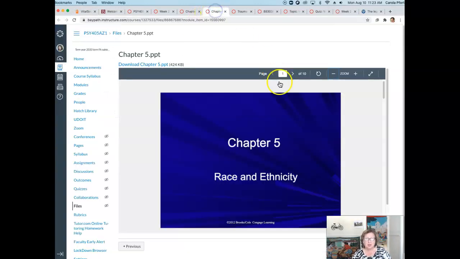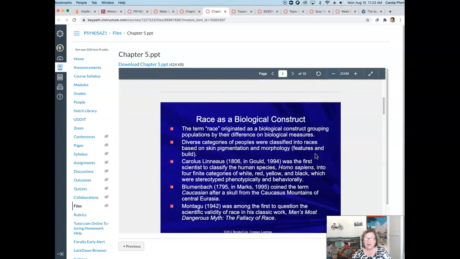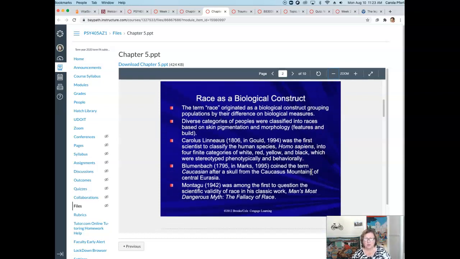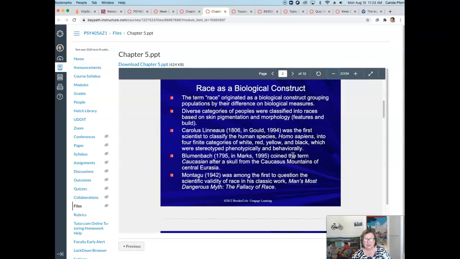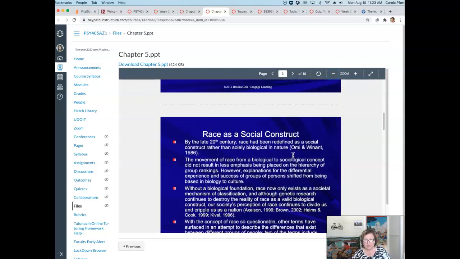So when we're looking at chapter 5 in terms of race and ethnicity, we have two major concepts, and that is race as a biological construct, which is more historical, which basically thought that race is based in biology, and there are Homo sapiens, and then in 1806, Linnaeus defined them into categories of color: white, red, yellow, and black, and that is something that is sort of outdated, I would say.